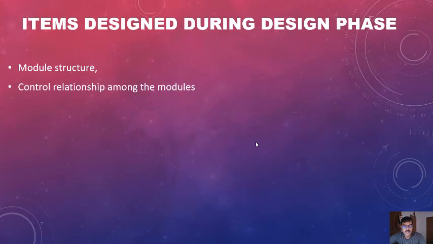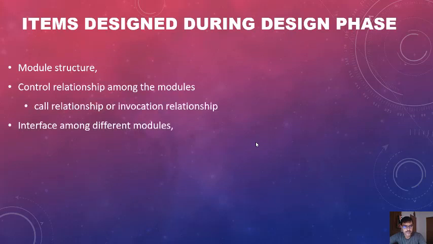So items designed during the design phase: the module structure, the control relationships among the modules, called invocation relationships, and the interface among different modules. So first we have to find out what the modules of the total system are. We have to find out all the modules.